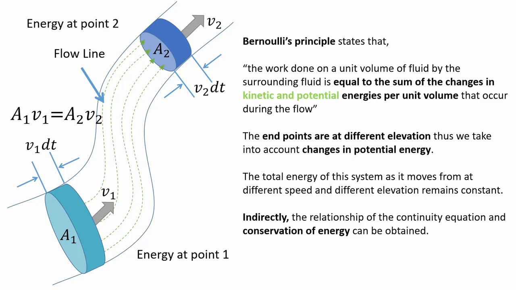In the scenario shown, the endpoints are also at different elevations, thus we take into account changes in potential energy due to gravity. As we recall, when kinetic and potential energies are the only ones present, the total mechanical energy at all points remains the same due to the conservation of energy. Thus, indirectly we can obtain the relationship of the continuity equation and conservation of energy.